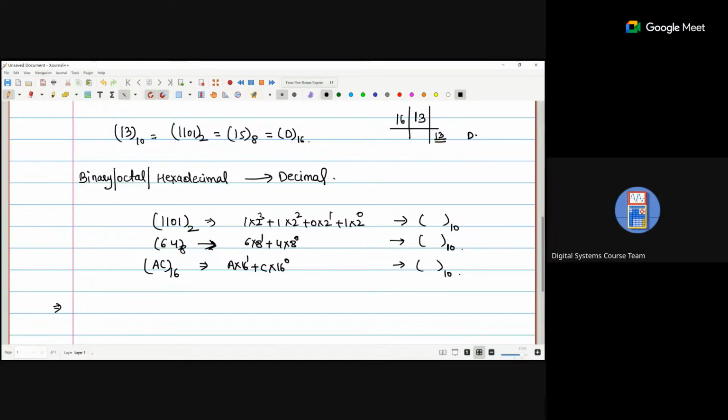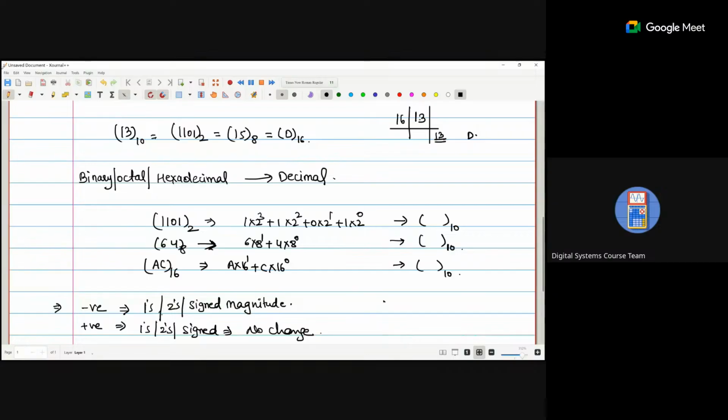Basically, if we are talking about a negative number, we can use the 1's complement, the 2's complement, or we can represent it in sign magnitude. If the number is positive, whether we take 1's, 2's, or sign magnitude, there is no change.